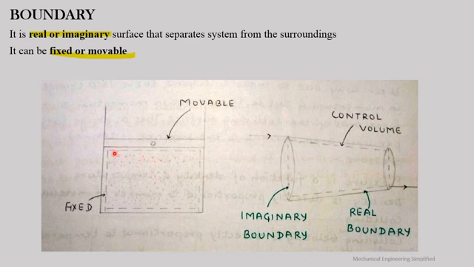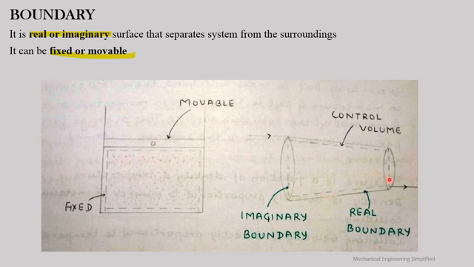So this is basically a movable boundary, whereas the boundaries near the cylinder are fixed boundaries. On the other hand, this is a schematic diagram representation of a compressor.